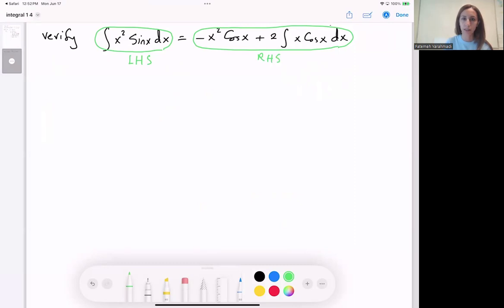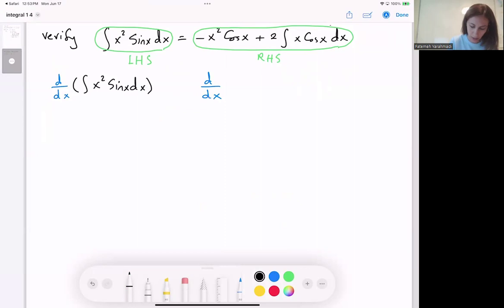We're going to take the differential of both sides, d/dx and d/dx. Then we check to see if the terms are equal to each other or not.